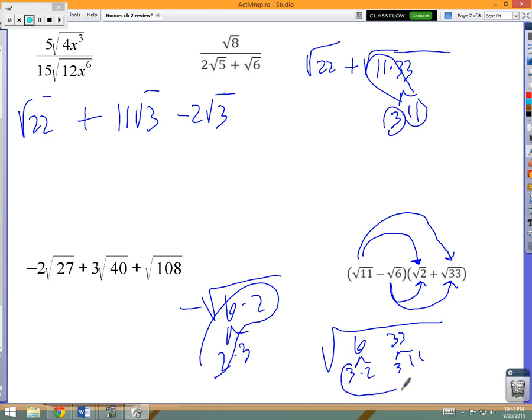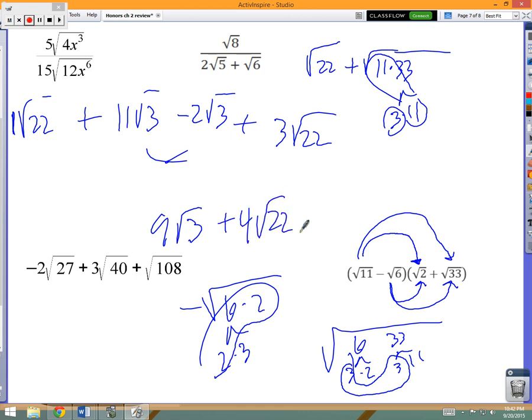So I'm going to take that 3 out. And inside I'm going to keep the 2 and the 11. So it's going to be 3 square roots of 22. Okay, now these two play together. 11 square roots of 3 take away 2 square roots of 3 is 9 square roots of 3. And 1 square root of 22 plus 3 square roots of 22 is going to be 4 square roots of 22.